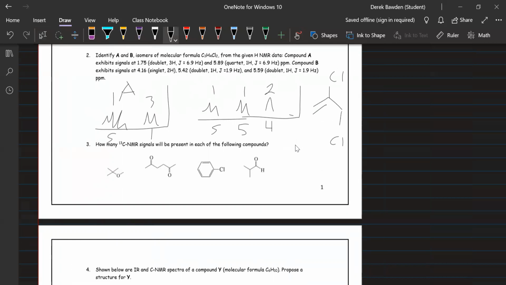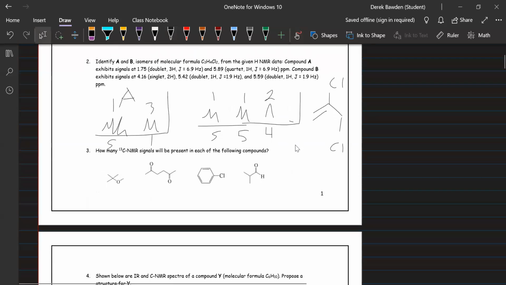Yeah, okay. So the HDI equals 2C plus 2, so we've got 6, plus 2, plus N. N is, we don't have any nitrogens, I think. Yeah, so no nitrogens. Minus H. So we have 4.